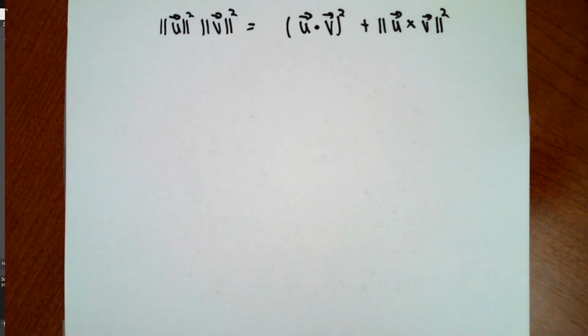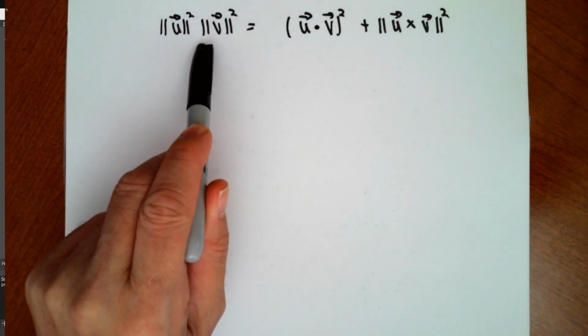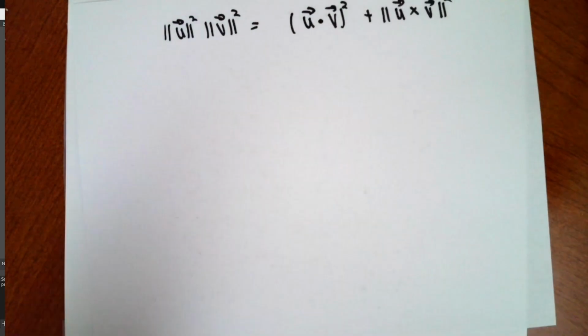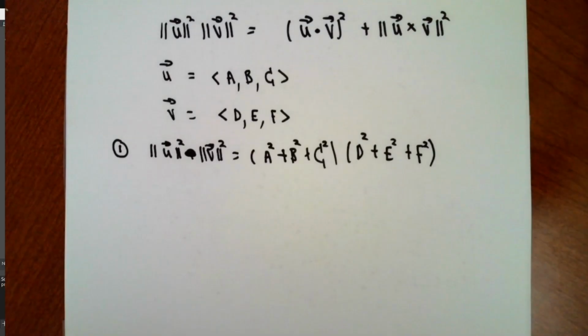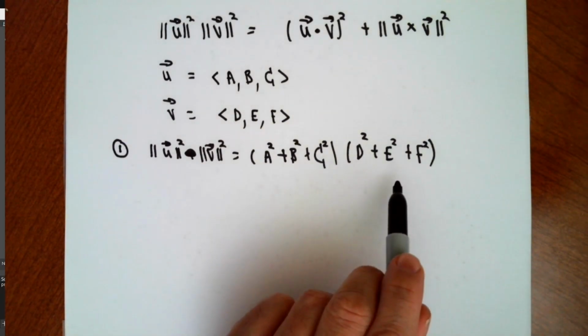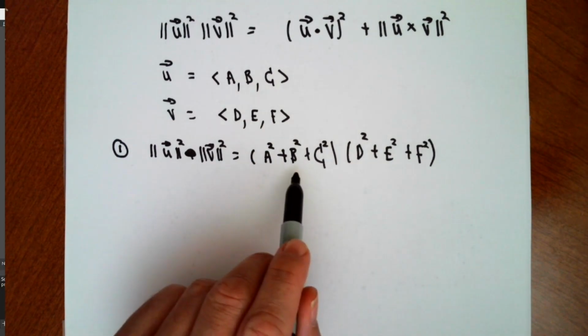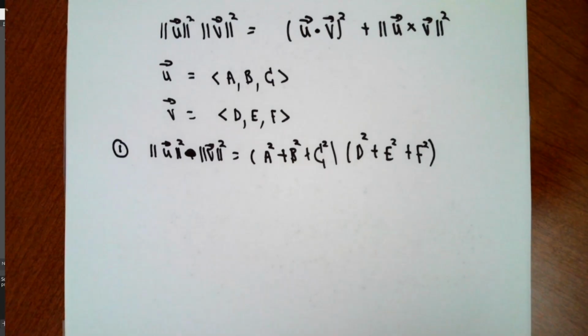So I'm going to select letters to represent the components of u and v. I'll calculate this quantity and then say, looking at the two results, these things are always equal to each other. Not to make more out of this than it needs to be, I could think of this as a squared times this quantity plus b squared times this quantity plus c squared times this quantity.